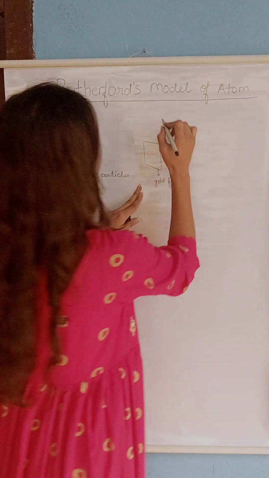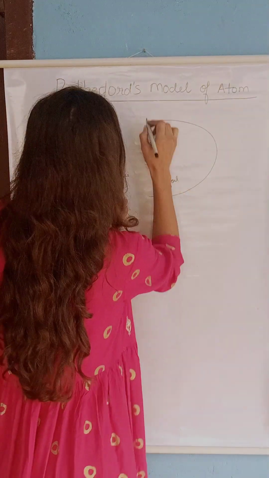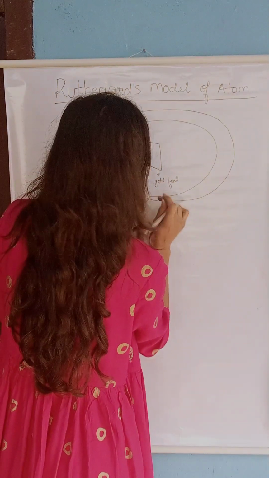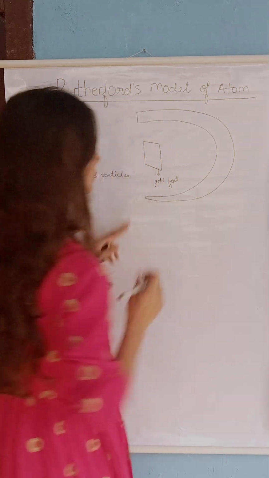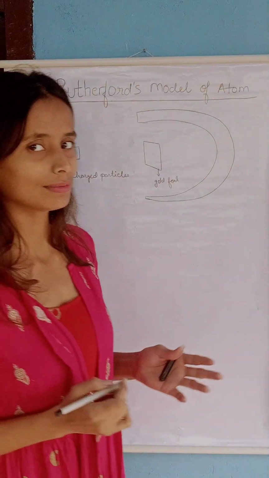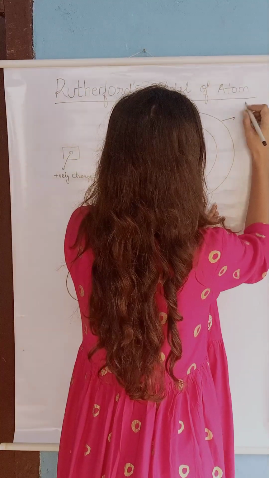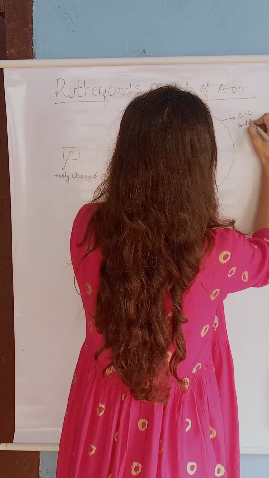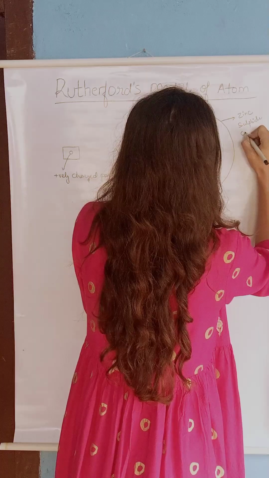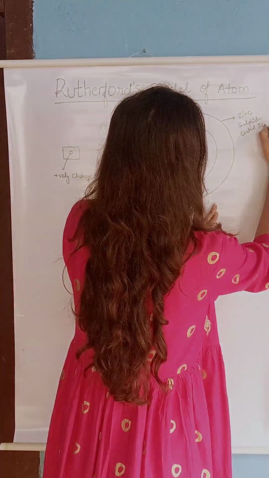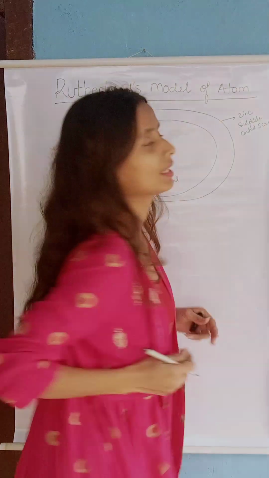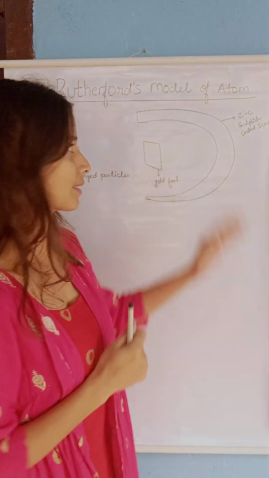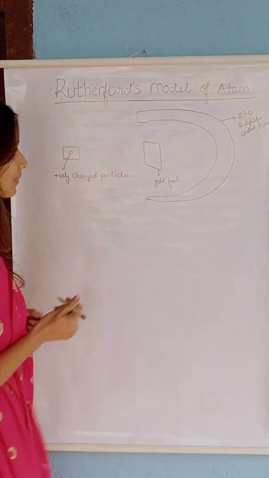Then he took a fluorescent screen around the foil, which will detect the movement of alpha particles. The fluorescent screen is a zinc sulfide coated screen. When the alpha particles fall on it, it will glow greenish. So let's begin the experiment.